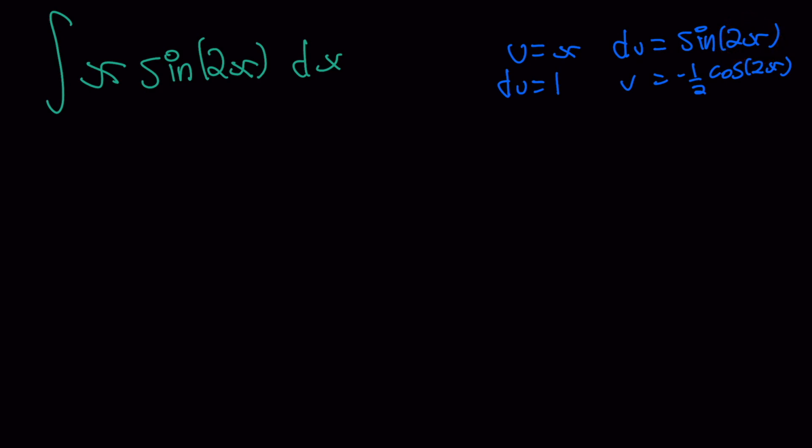So if it was sine of 2x, it's 1/2, or if it was sine of 5x, it'd be 1/5. But now we just plug the numbers in. u times v, so x times negative 1/2 cos 2x, subtract the integral of v du.